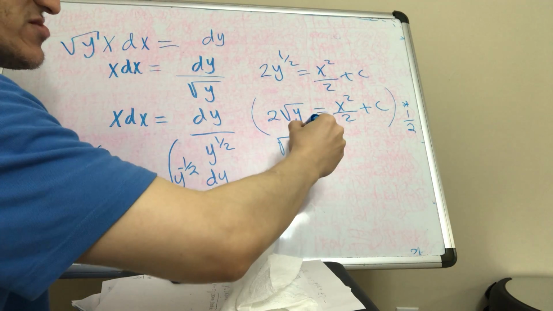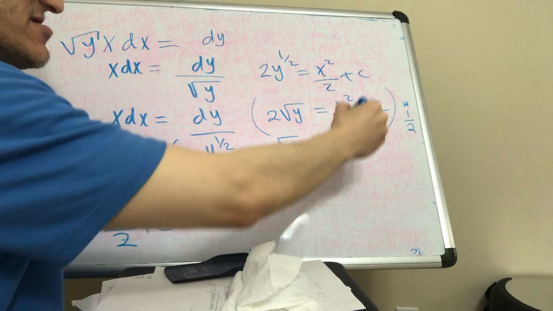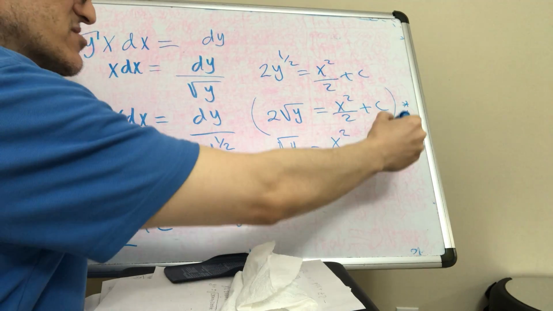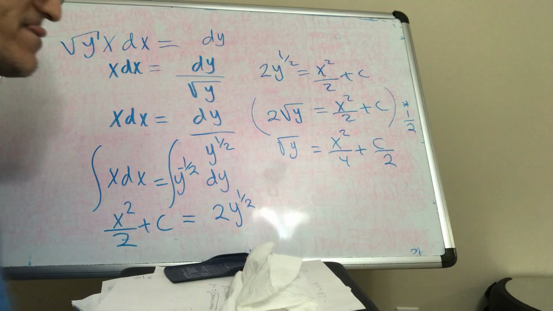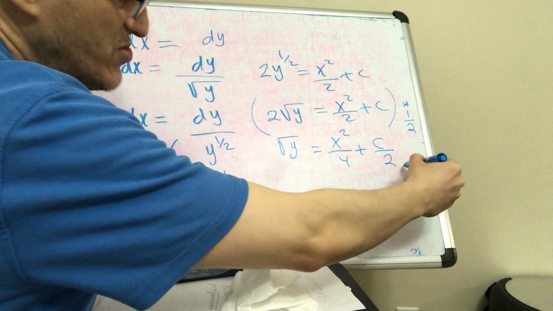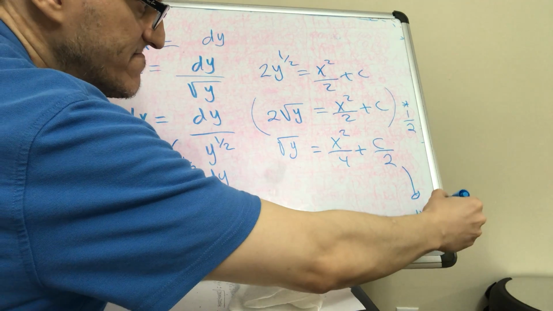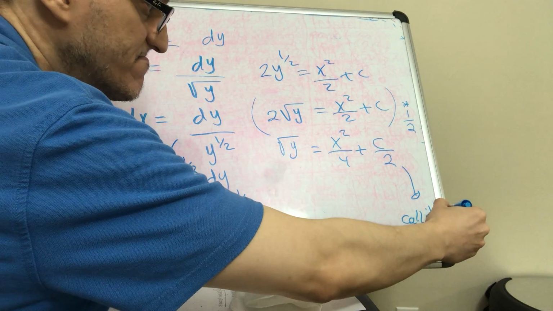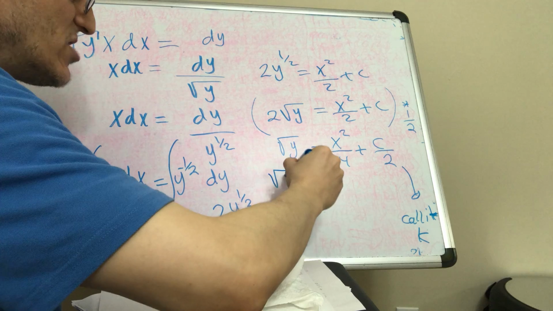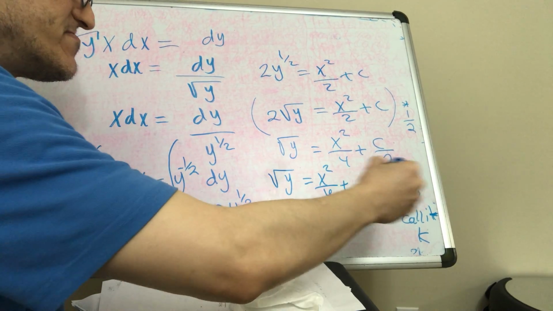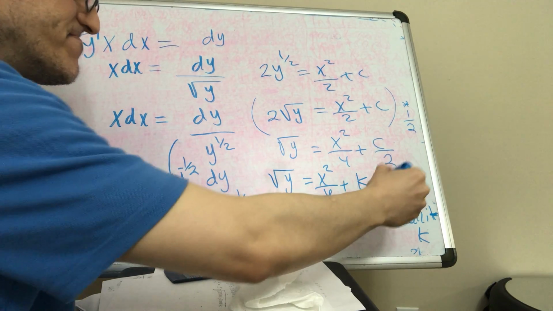That will leave the root y by itself. This becomes x squared over 4, and this becomes c over 2. We can call c over 2 k. So root y equals x squared over 4 plus k.